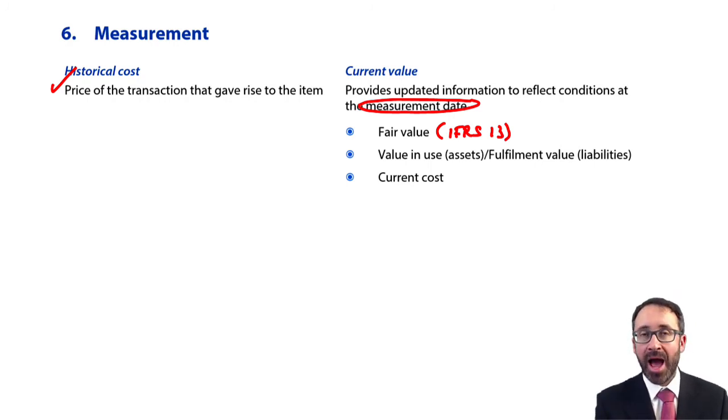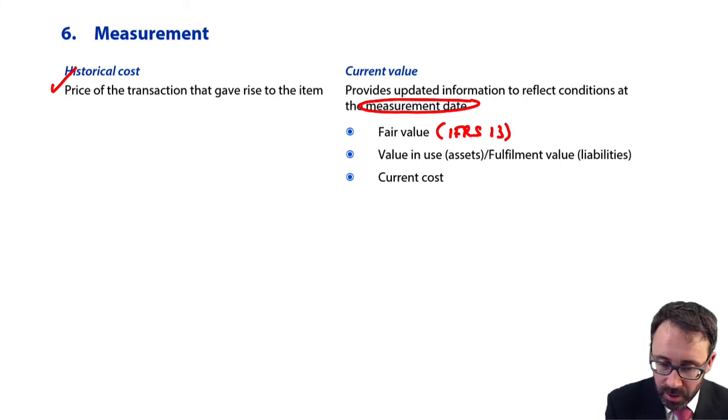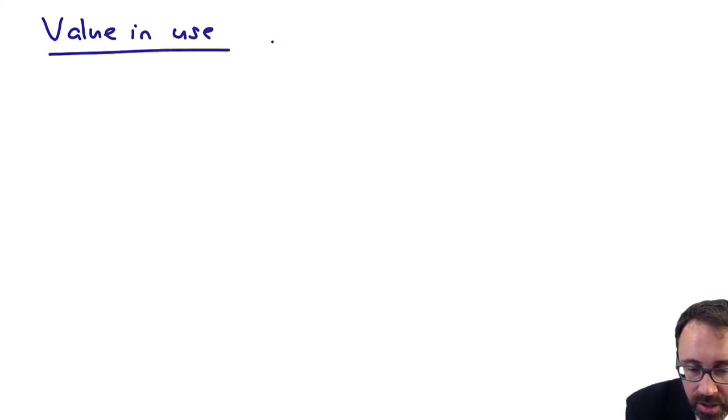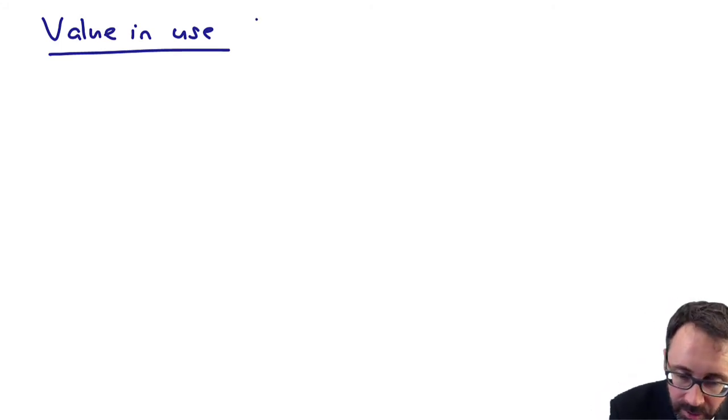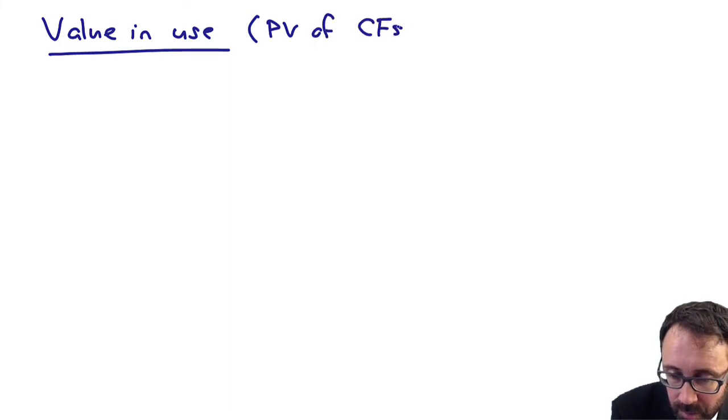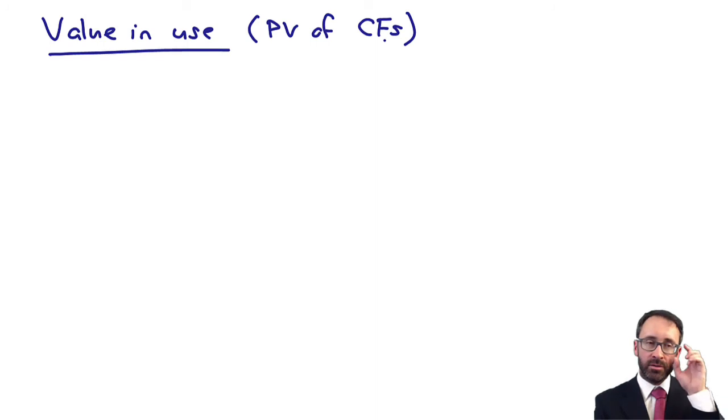Okay. And effectively, when you're looking at value in use or your fulfillment value, that's whereby we use your discounting. Okay, so your value in use here is effectively looking at the present value of the future cash flows.